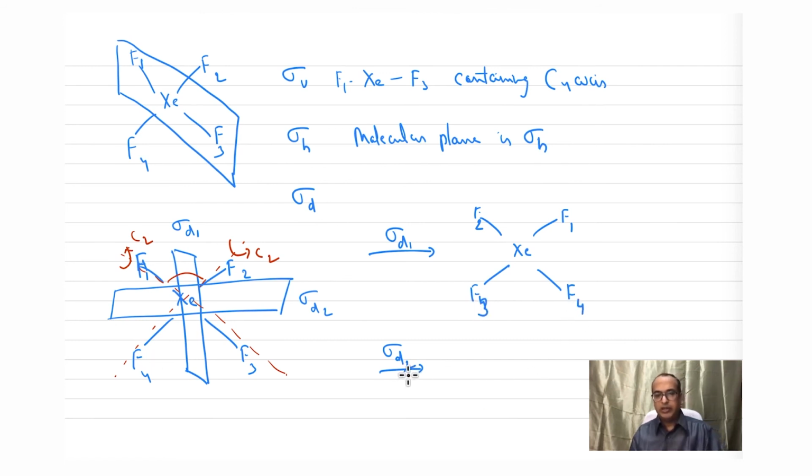Similarly, if we do sigma d2, F2 and F3 will be replaced. So F3, F2 and F1 and F4 will be reflected. So we'll have F4 and F1. So is that clear? We have 2 sigma V's, 2 sigma D's and 1 sigma H in this molecule. I took this example because you have all 3 categories of sigmas or planes of symmetry in this one.